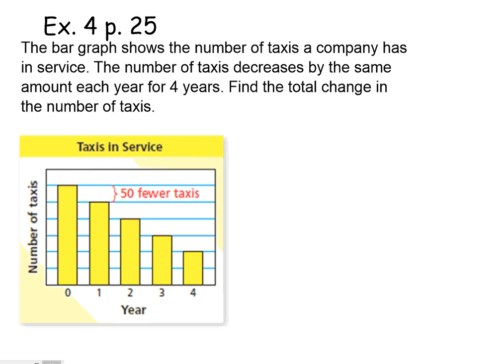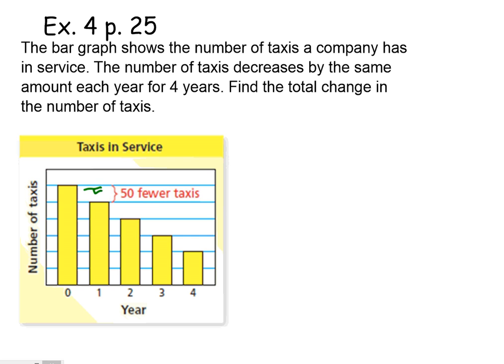Okay, our last example for today is example 4 on page 25. It says the bar graph here shows the number of taxis a company has in service. The number of taxis has decreased by the same amount each year for 4 years. Find the total change in the number of taxis. Well, if you look at the bar graph, every year it went down 50 fewer taxis.